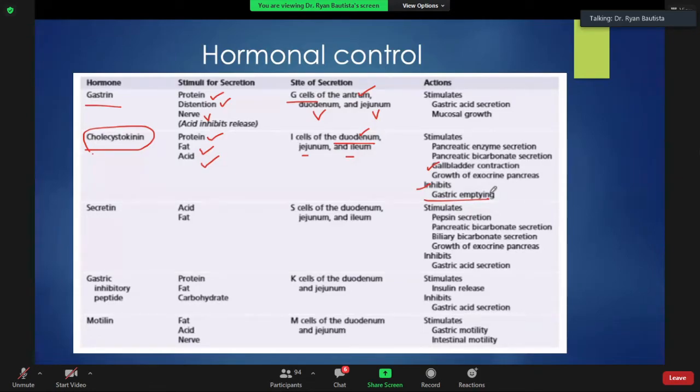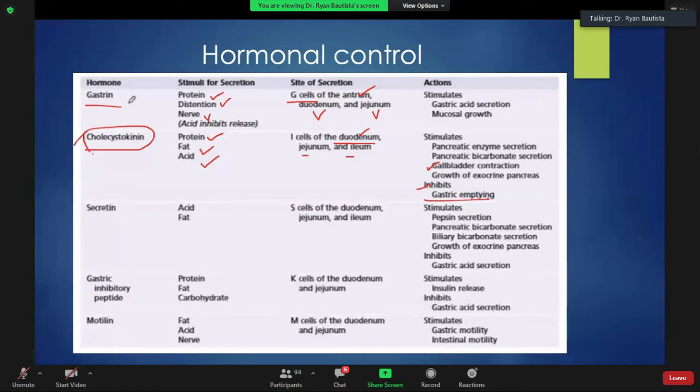Hence, it will also tell the stomach, hey, wait, I'm still digesting food. Can you slow down and do not increase the emptying of the food to the duodenum? Do not put it to the duodenum yet, because I'm still digesting the fat and protein that you just gave me. Okay, so that's the work of your CCK.